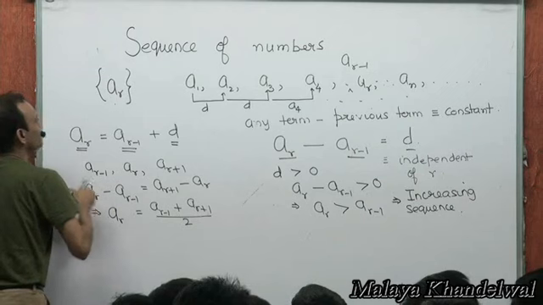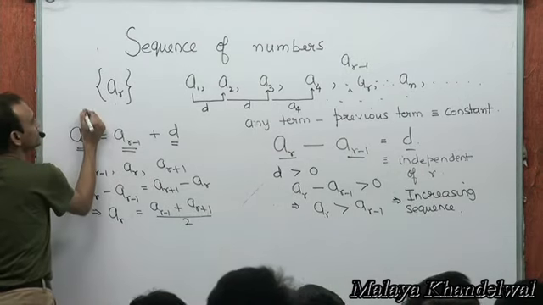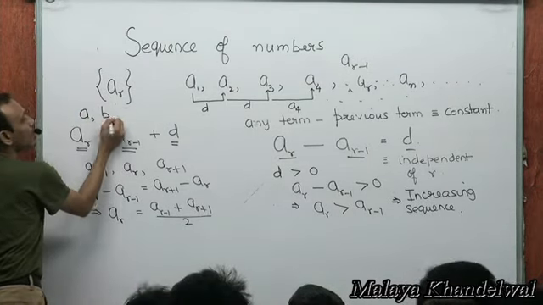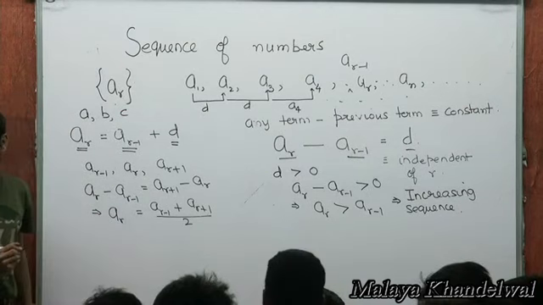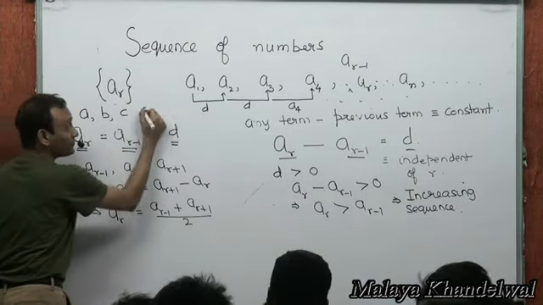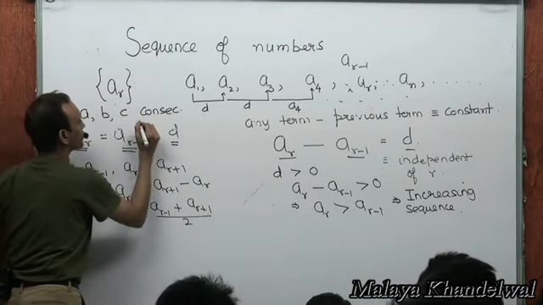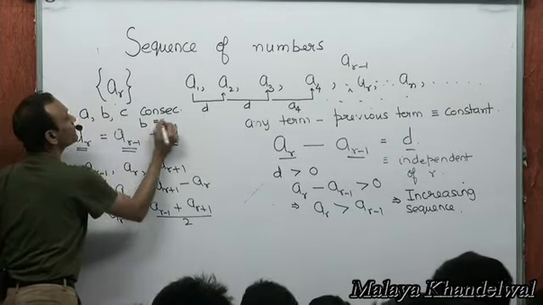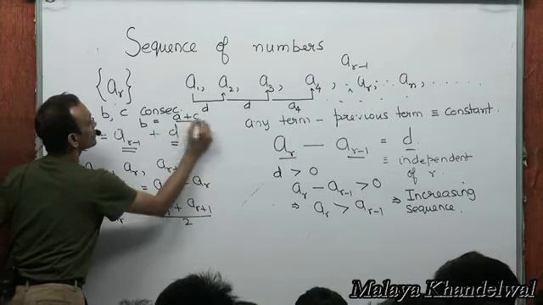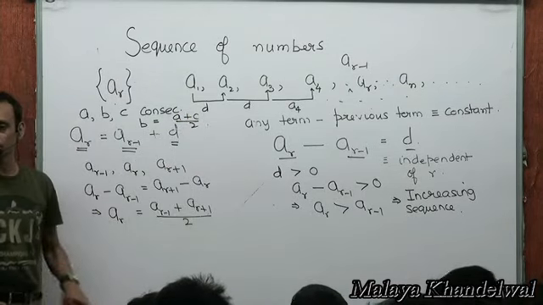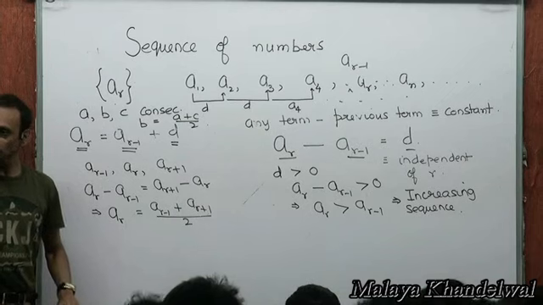So if A, B, C are 3 consecutive members of an arithmetic progression, consecutive, they have to be consecutive, then B must be the average of A and C, the arithmetic mean of A and C. Right?